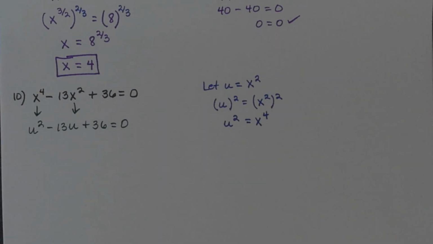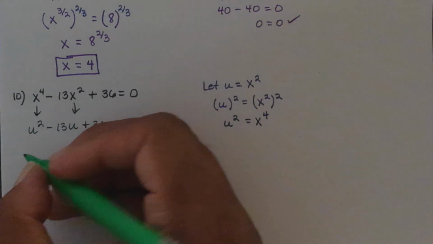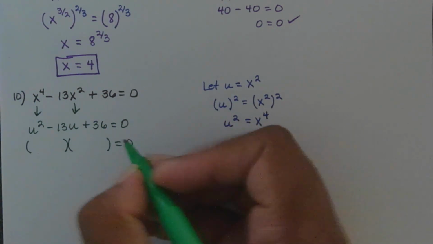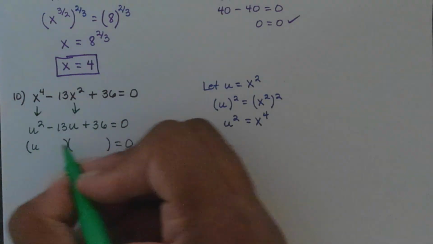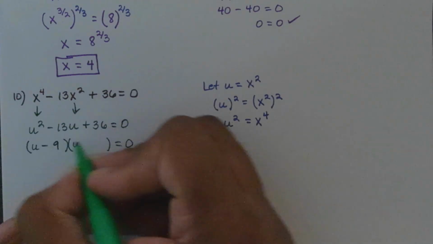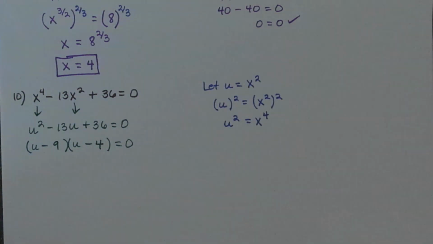And now let's go ahead and factor this into two binomials, if at all possible. u squared breaks up as u and u. What factors of 36 give me negative 13u as a middle term? Negative 9 and negative 4. They both have to be negative, since the middle term is a minus and the last term is a plus. So it'll be u minus 9 times u minus 4 equals 0.